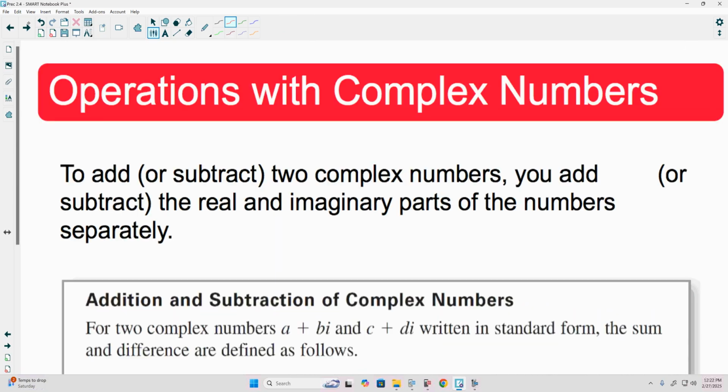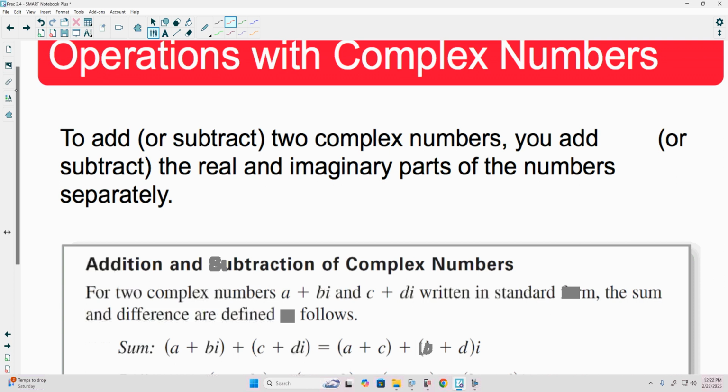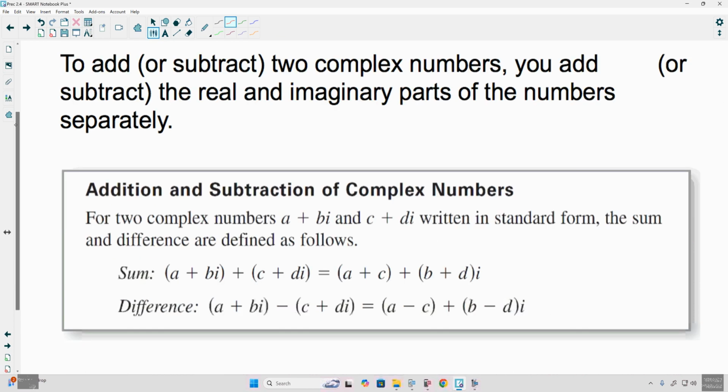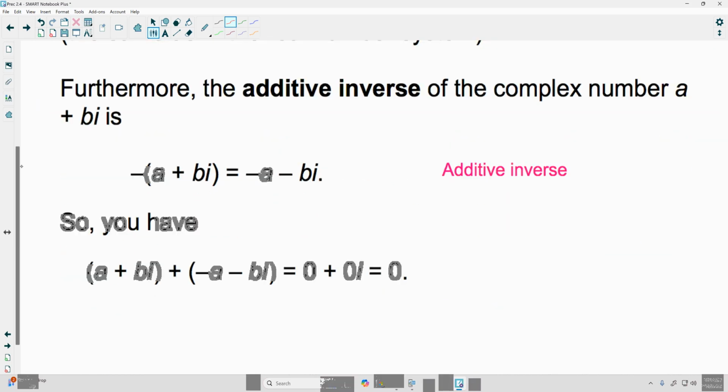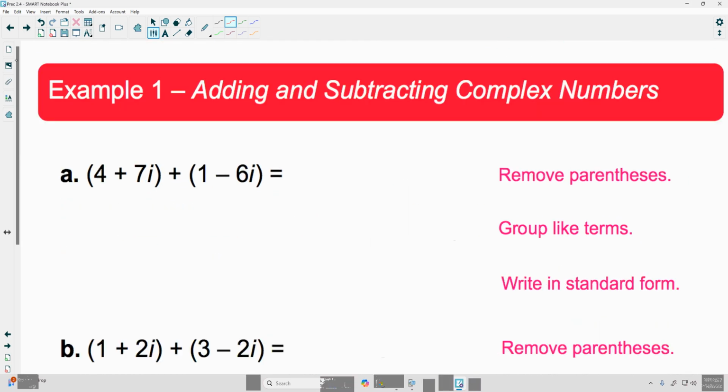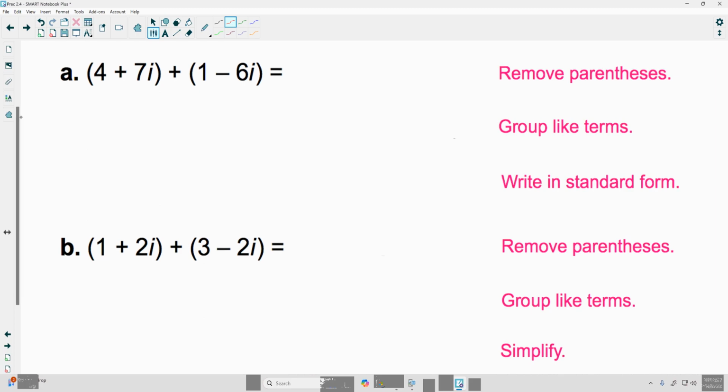Operations with complex numbers. To add or subtract two complex numbers, you add or subtract the real parts and the imaginary parts to each other. And we've done this before. So if we're looking at 4 plus 7i plus 1 minus 6i, well, we can drop the parentheses and add our real parts together.